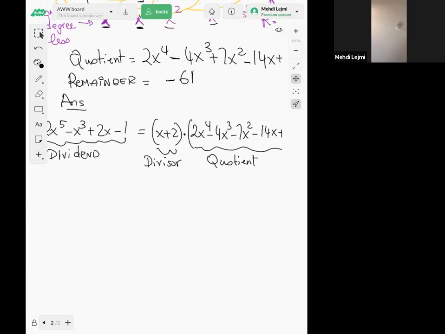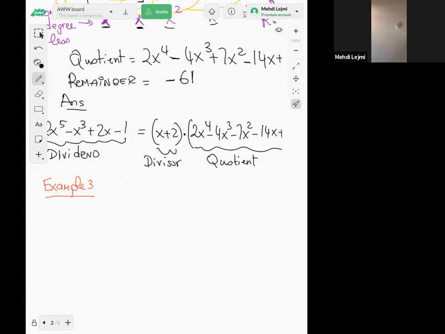Let's do the last example, and then I'm going to give you an exercise so you can practice. Example 3. Let's pick a short polynomial, f of x.